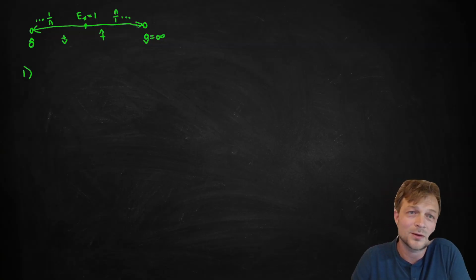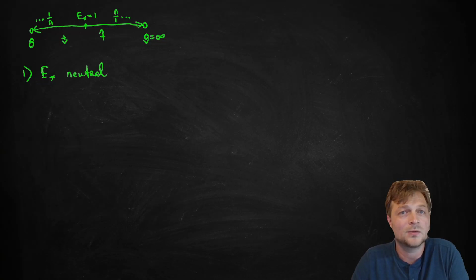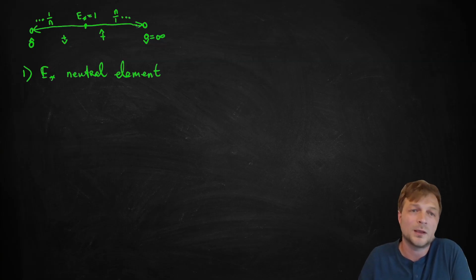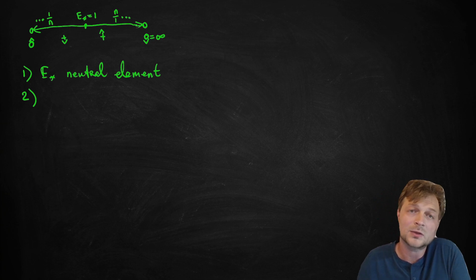So let's talk about first one. So E star is identity element for multiplication operation. So basically we can say that that aspect will be called neutral element. It's a neutral element. Okay, what else we can say about it? So I want to show you that this is actually a quant.